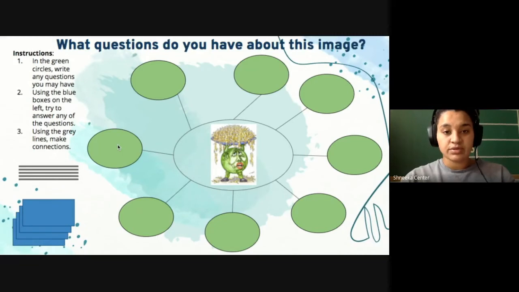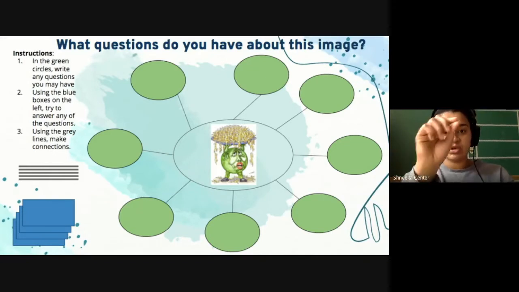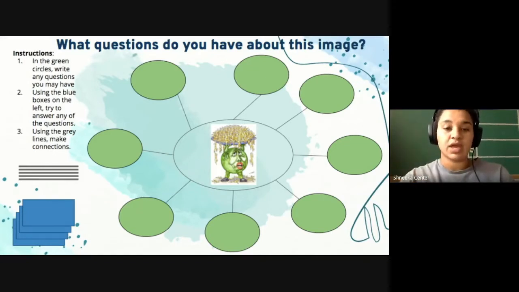Again, I will show you how to do an example of this once I finish explaining. You're going to use these gray lines here to make any connection. So if 2 questions are related, or if an answer can answer 2 questions, you're going to use the lines to show these connections.